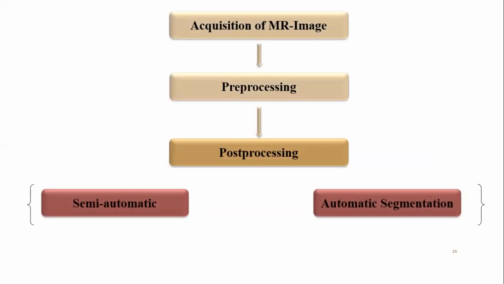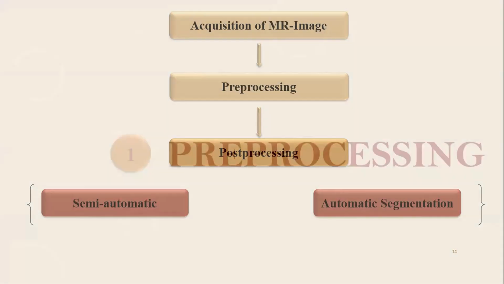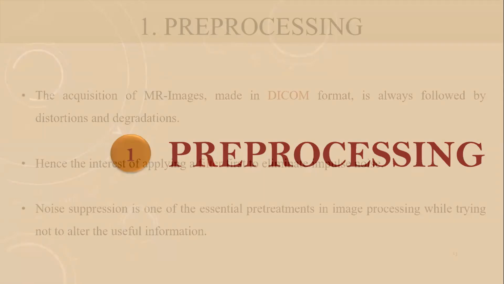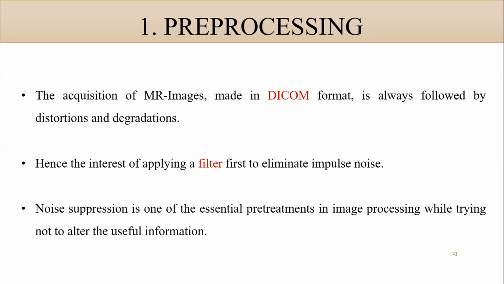This is our workflow. So first we have the acquisition of the MR image, preprocessing, some post-processing, and we finish with semi-automatic and automatic segmentation of MS lesion. The acquisition of the MR image, made in DICOM format, is always followed by distortion and degradation. Hence, the interest of applying a filter first to eliminate induced noise.